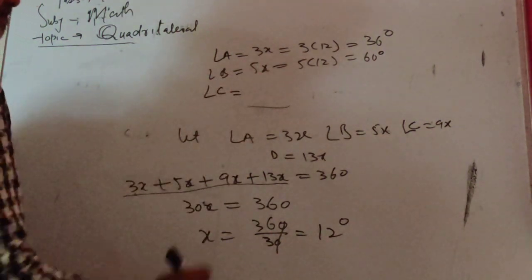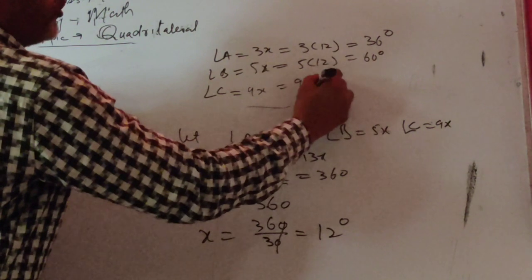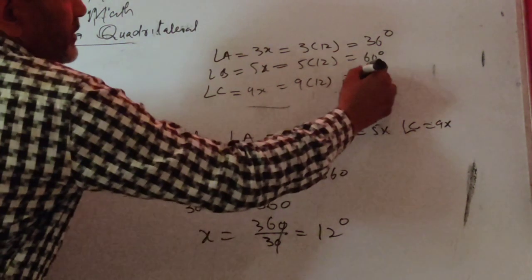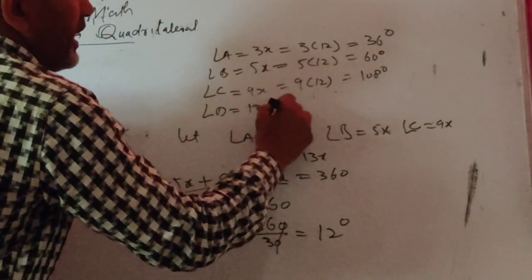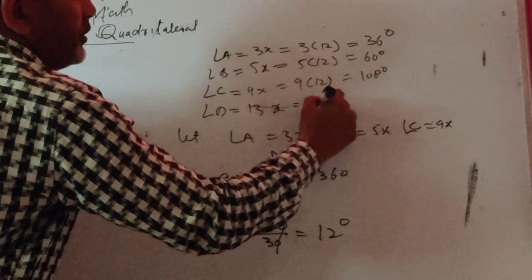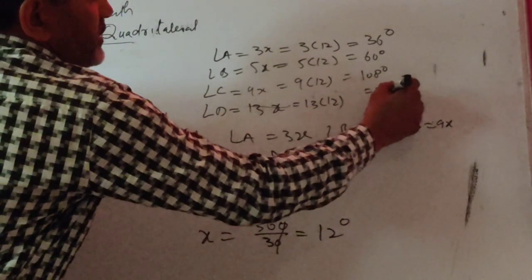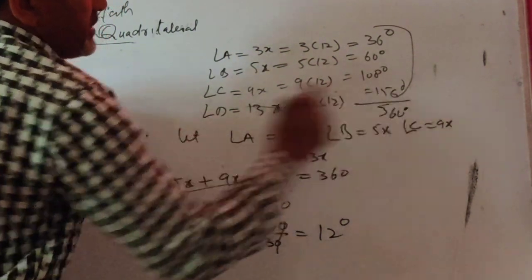Angle C is 9 into 12, it is 108 degrees. And angle D is 13x, so it is 13 into 12, which is 156. If you add these, you will get 360.